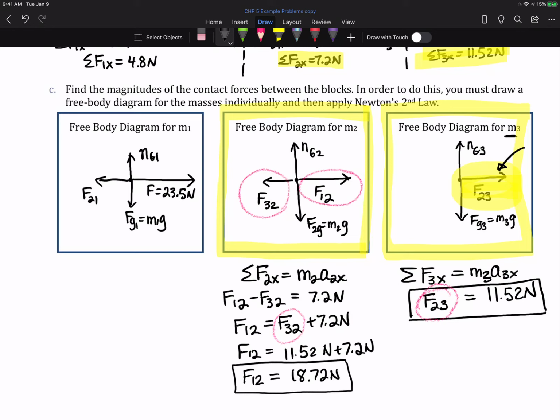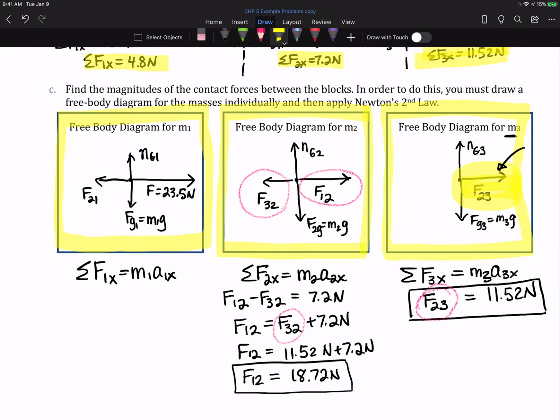If I wanted to check my results with rounding error, I could come over to my last picture and I could sum my forces here and make sure that it also makes sense here. So the sum of the forces on 1 in the x direction has to equal the mass of 1 times the acceleration of 1 in the x direction.